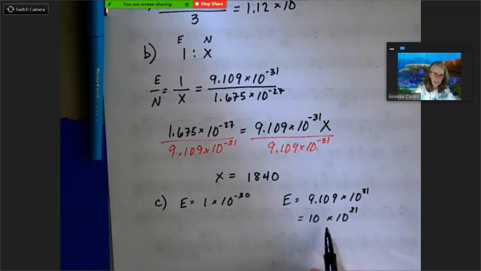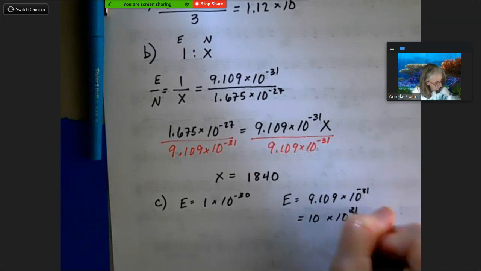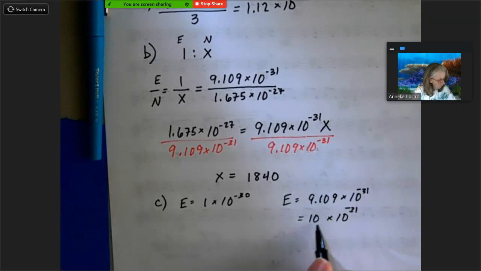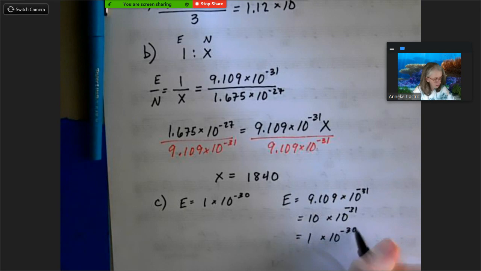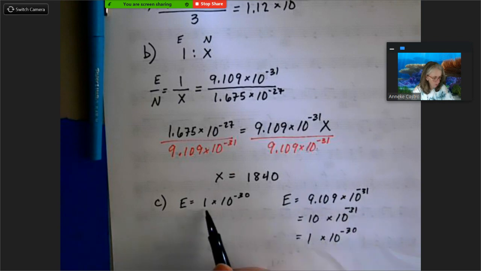But notice that's not scientific notation, because in scientific notation this number has to be between 1 and 10. It can't be 10. So if I move my decimal over one place, that's the same as 1 times 10 to the negative 30th. So that's where they got this from.